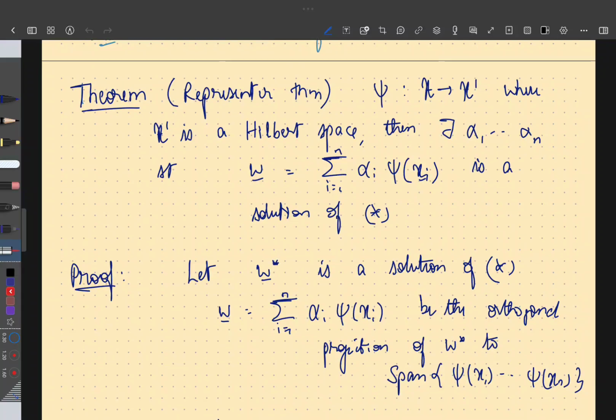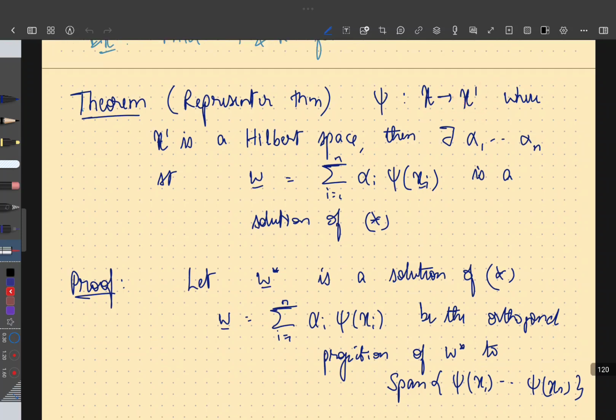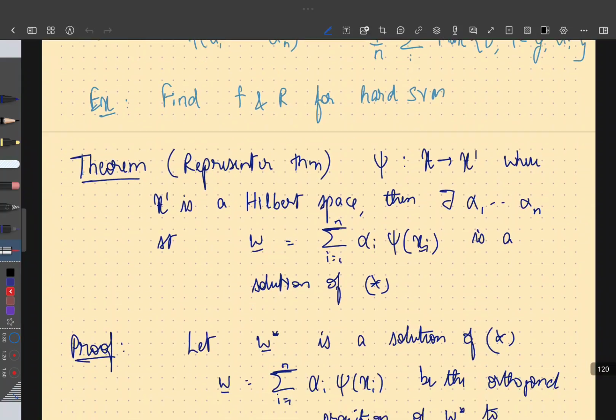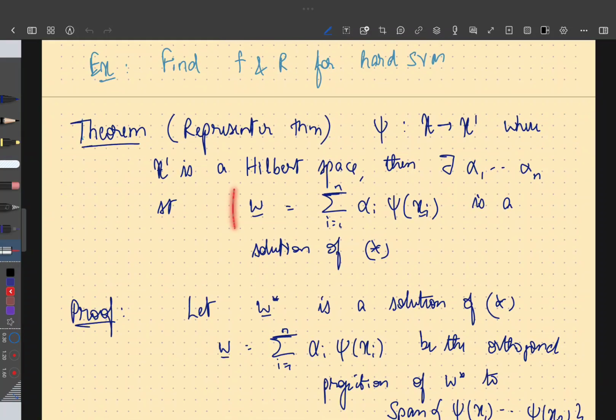That guarantee was essentially given by the representer theorem, which said that if you have an embedding into some higher dimensional space, some Hilbert space, then the solution of any optimization problem that looks like this, in particular the support vector machine optimization problem, has a solution which can be expressed as a linear combination of the embeddings of the data points.